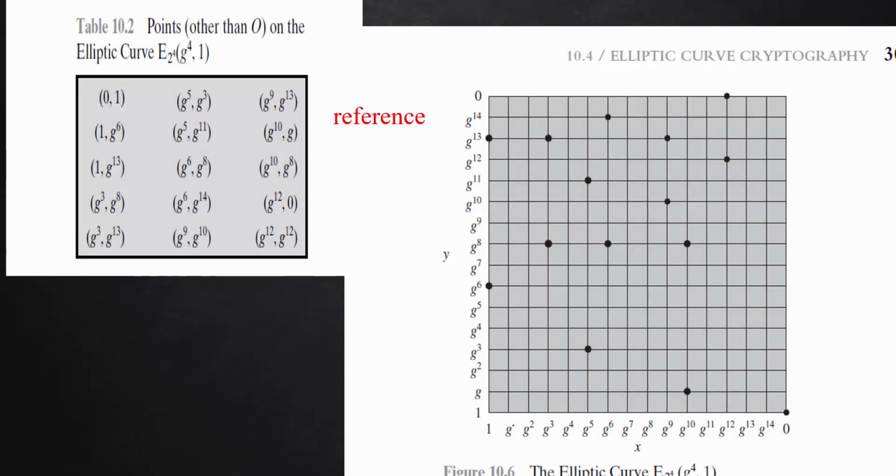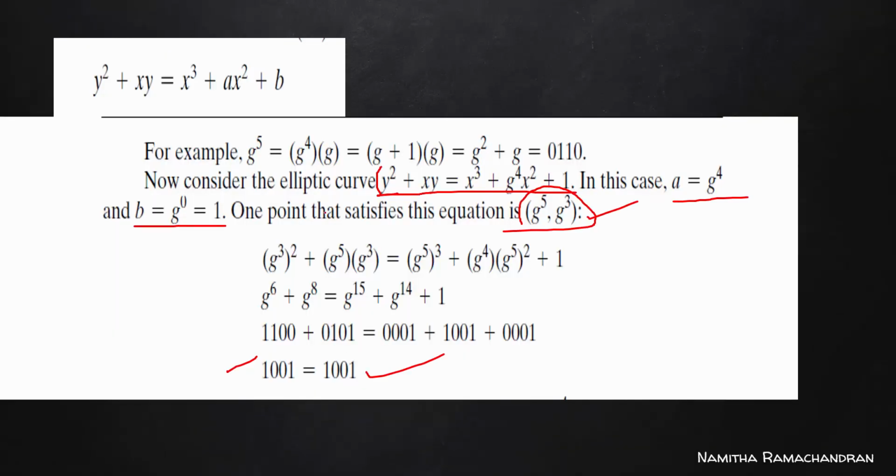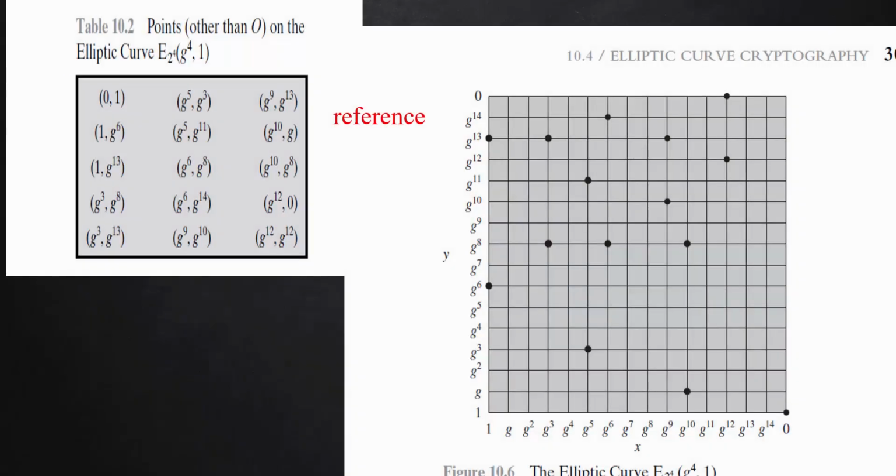And similarly, we need to consider all the combinations: 1 1, g 1, g square 1, g cube 1 and so on. Similarly, g 1, g g, g g square, g g cube, and all the possible pairs, and substitute all the possible pairs over this elliptic curve equation, and identify all the pairs that satisfy this formula.